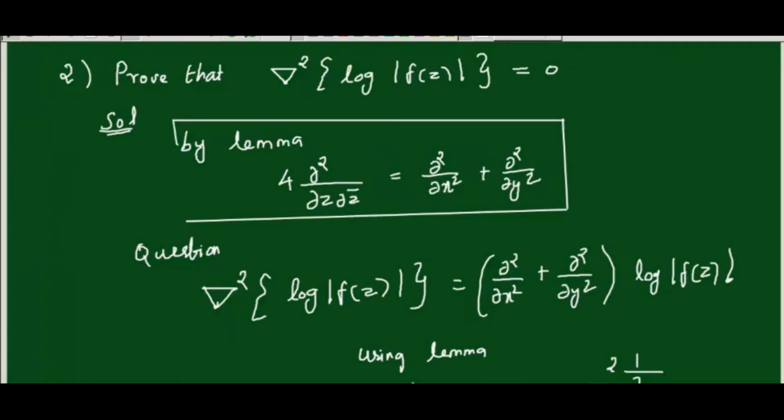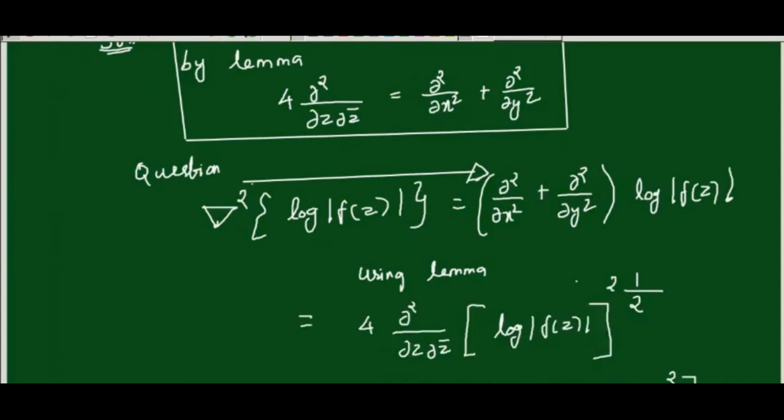Okay, using this lemma only. By the question, you have to prove del square of log modulus f of z is equal to 0. Del square is nothing but dou square by dou x square plus dou square by dou y square of log modulus of f of z.